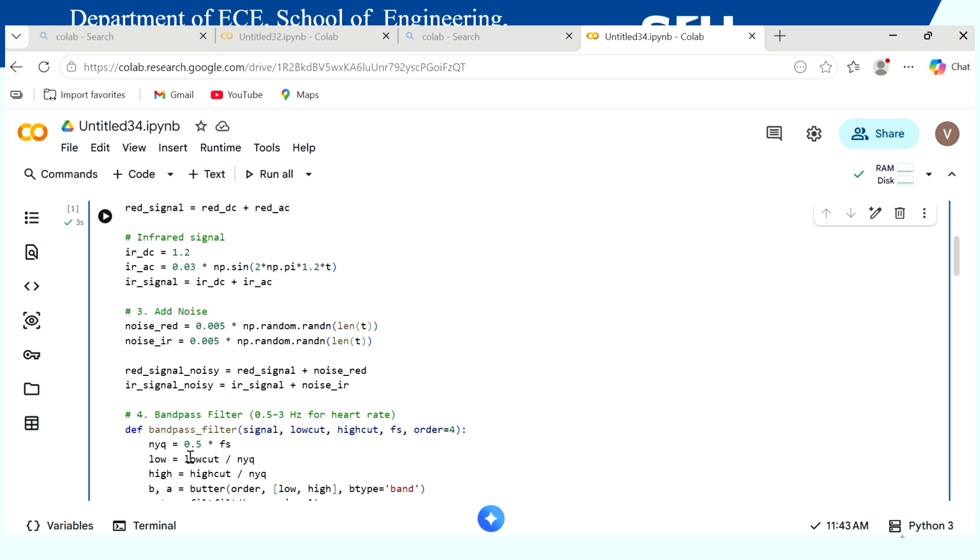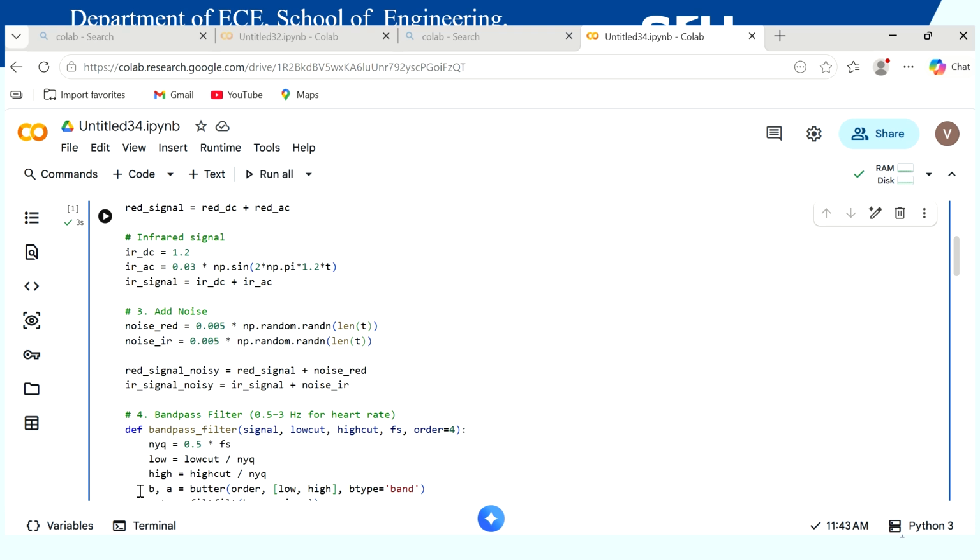So here, Nyquist is equal to half of the Fs, half of the sampling frequency, 50 Hz, and it is the normalized frequency. So low = lowcut / Nyquist, the lower cutoff frequency 0.5 divided by this value. So it is the normalized value.